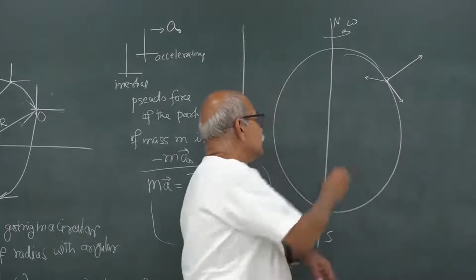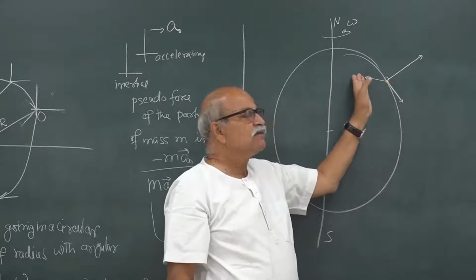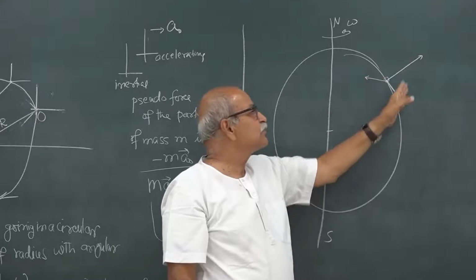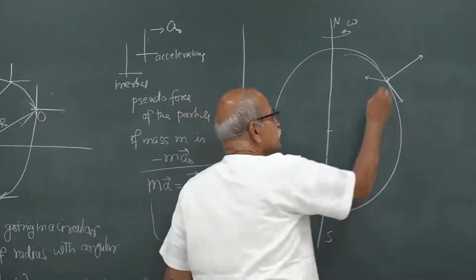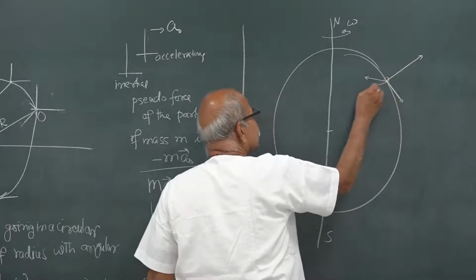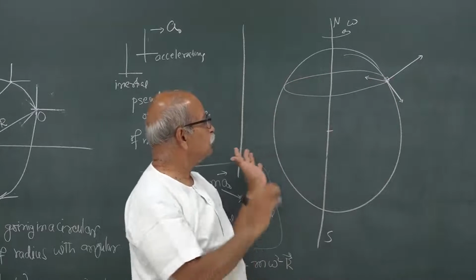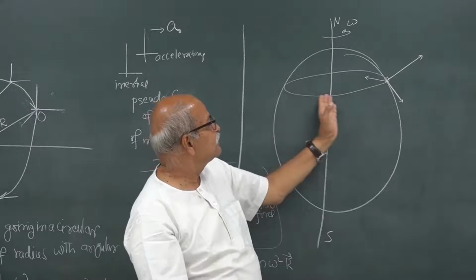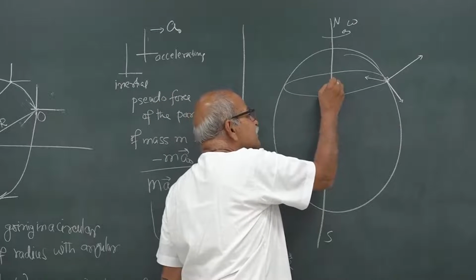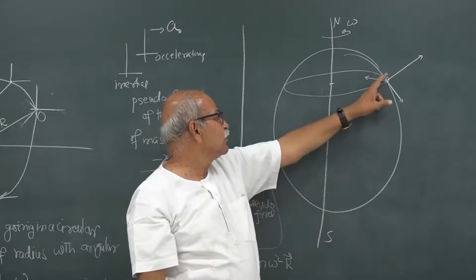This is vertical, and these are the two horizontal axes, perpendicular to each other. Now, as time passes, the earth rotates, and this origin is going in a circle. This whole earth is rotating, and here is the center. So, one thing is that the origin is going on this circle.